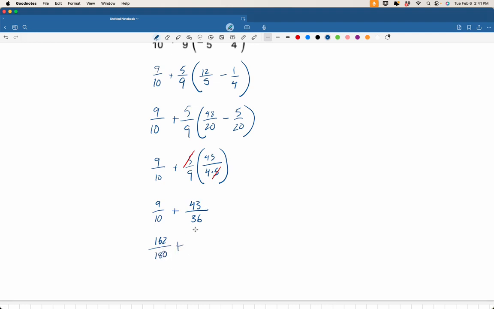And then I'm going to multiply this by 5. So 5 times 43, again, is 215. And this is 180. So, all right, now that works. Now that I've got them multiplied by something to get to a common denominator.